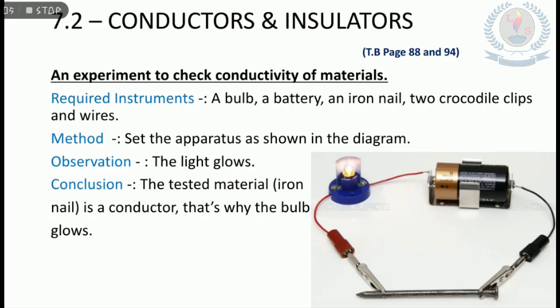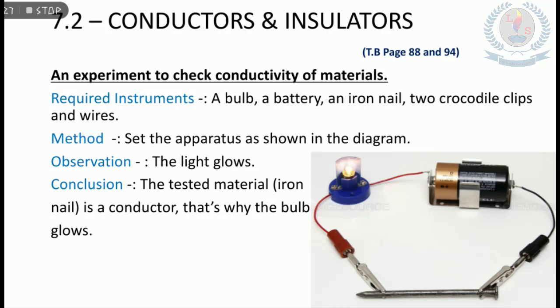This is an experiment which is conducted to identify conductors and insulators. So here we need a bulb, a battery, a substance to be tested, example iron nail, two crocodile clips and wires to connect these electrical components with each other.